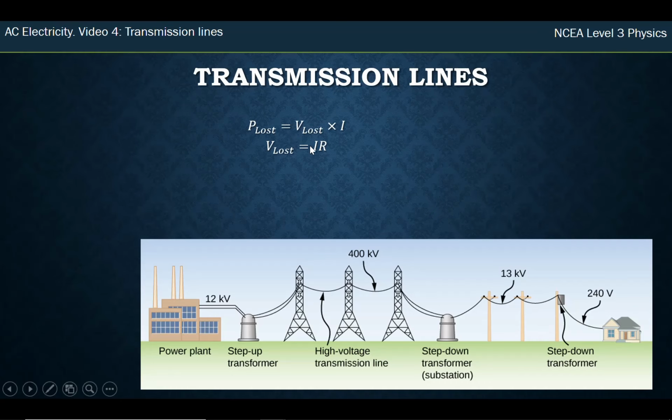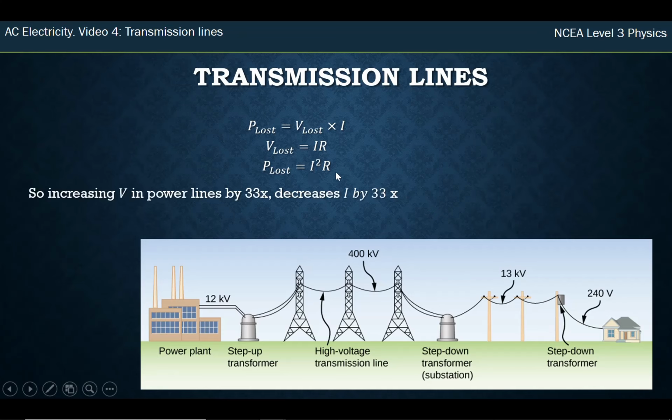We can work it out though with V equals I times R, and we can substitute this into the other formula, and so we get P lost as I squared R. That comes from the fact that there's an I in this formula, and I substituted in this V loss because I don't know what the voltage lost is, and so there's the second I in here with the R. So the power lost is given by I squared R.